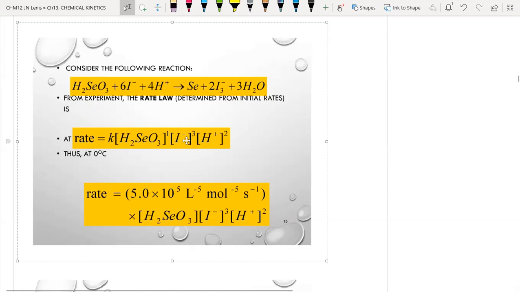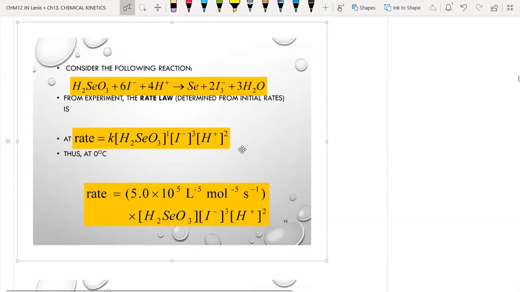For I minus, look, the order is 3, even though the stoichiometric coefficient is 6. So again, these numbers have nothing to do with the stoichiometric coefficients in the balanced chemical equation.